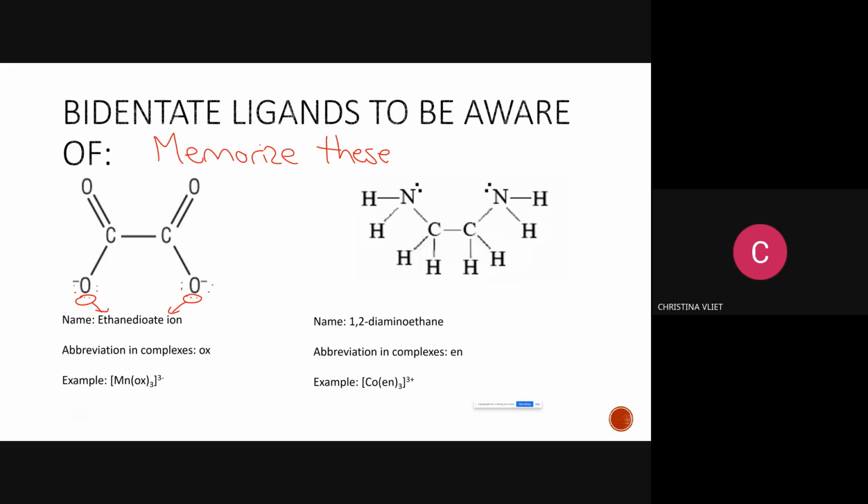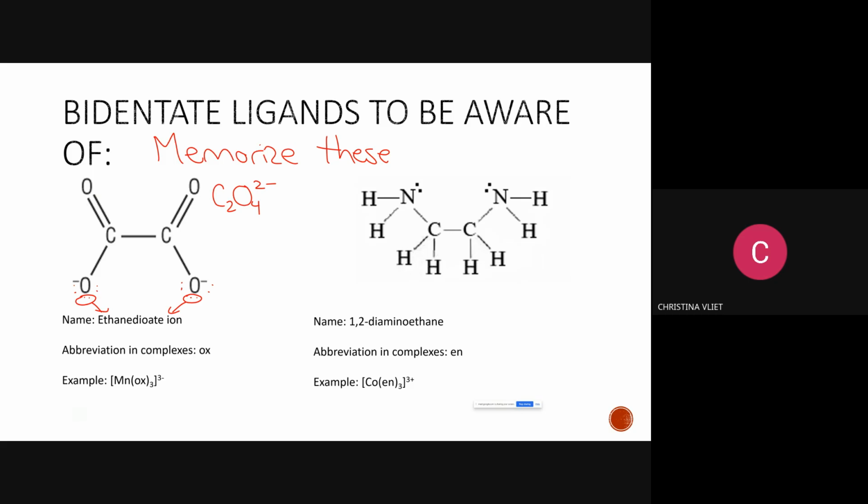So the official name is ethane dioate. Its abbreviation is OX. Does anybody know why? It's also a polyatomic ion.